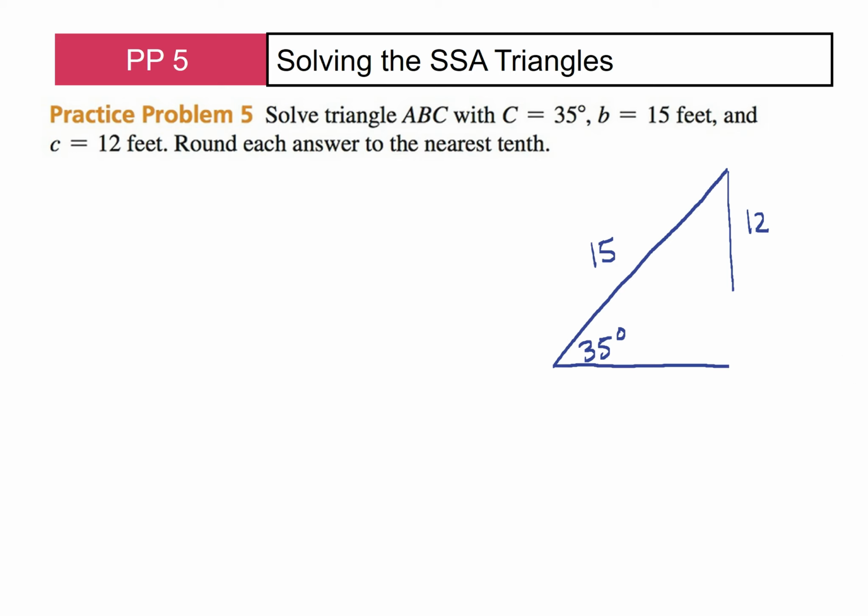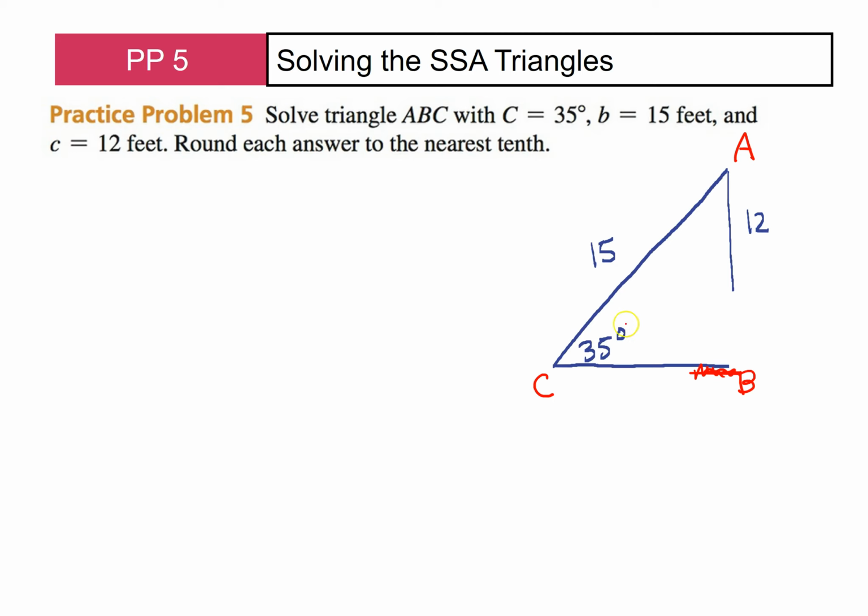I'm going to label this one as C, and since this is B, this corresponds to B over here, and this then corresponds to A. Okay, that's my label.